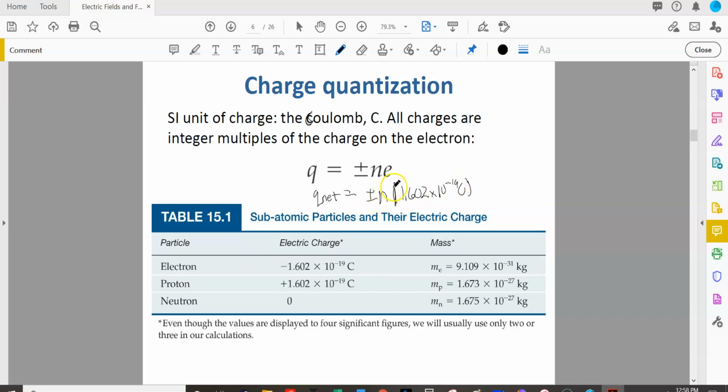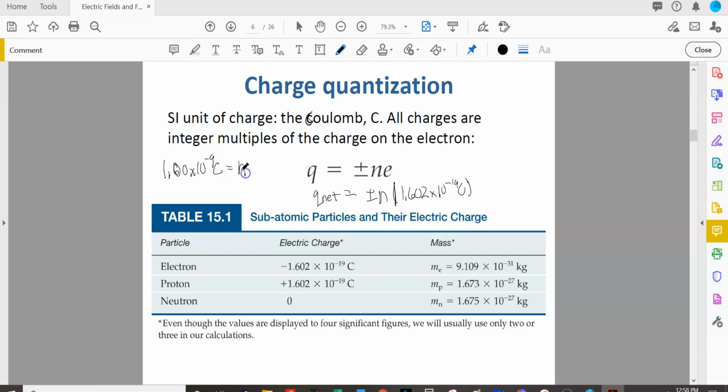All right? So you're going to use this to figure out the total number of charges on an object. So let's say an object had a total charge of 1 nanocoulomb, which is 1.00 times 10 to the negative 9. A nano is 10 to the negative 9 coulombs.